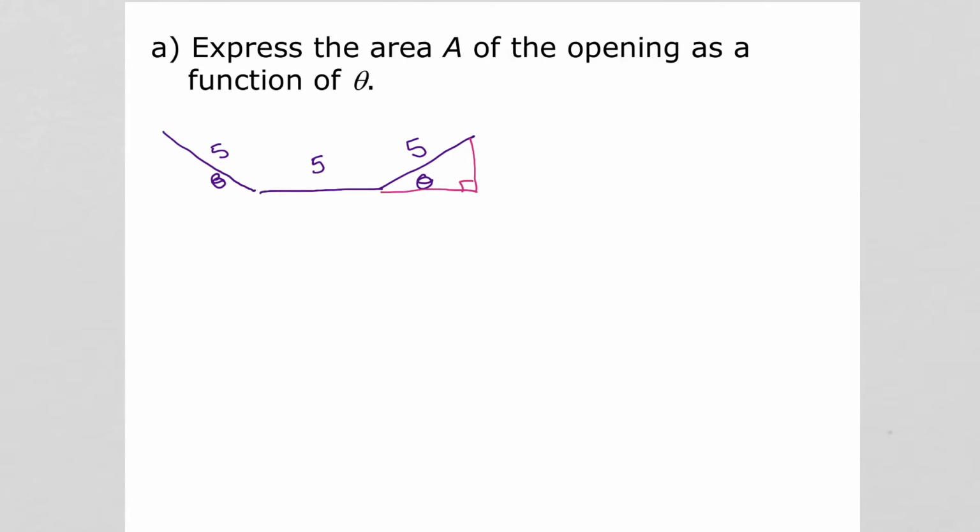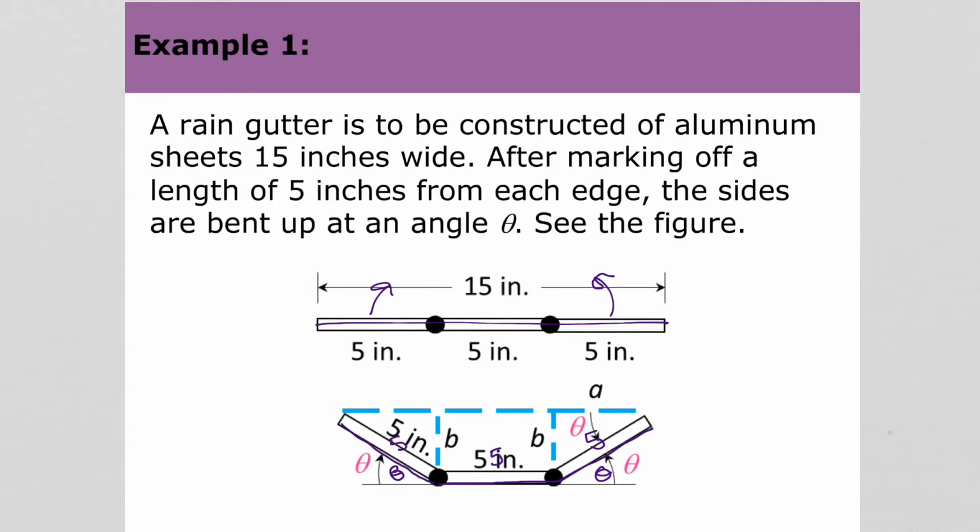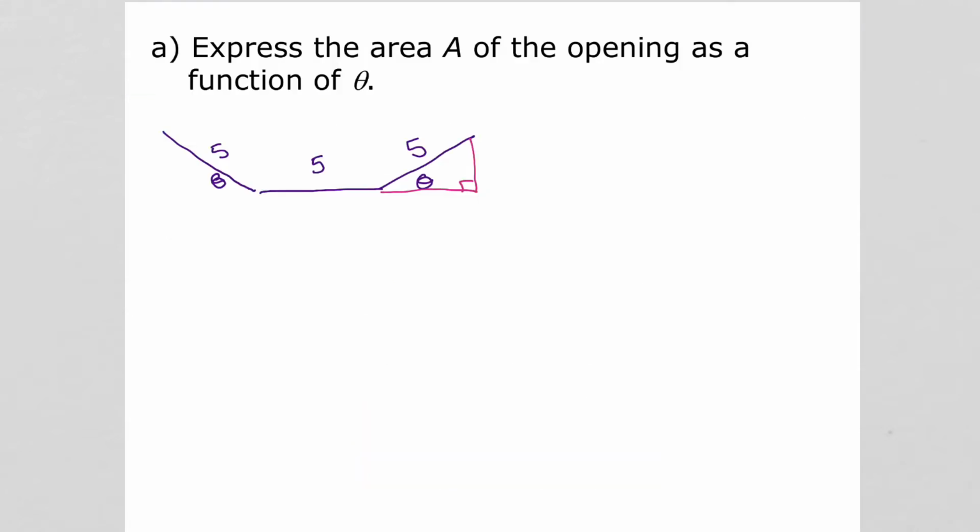In that case, this length down here, we're going to call B. And this length, I'm going to call H. It might not go exactly along with our previous picture, but that's okay. And then we've got a hypotenuse of 5. So we've got this triangle where theta is right here, and our legs are B and H.